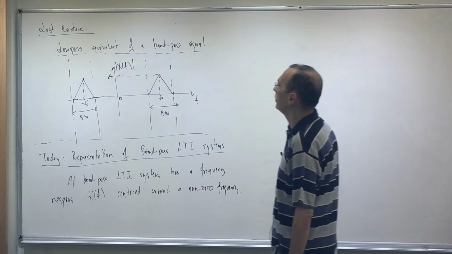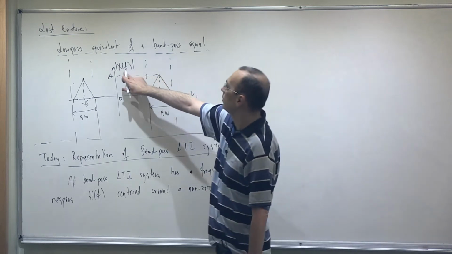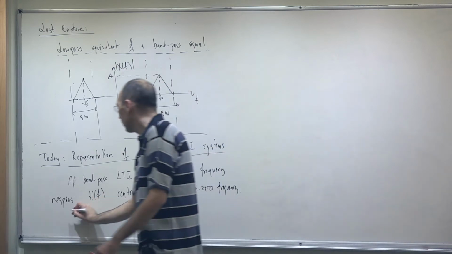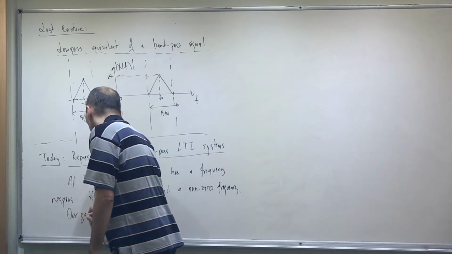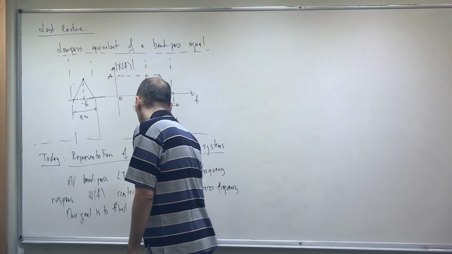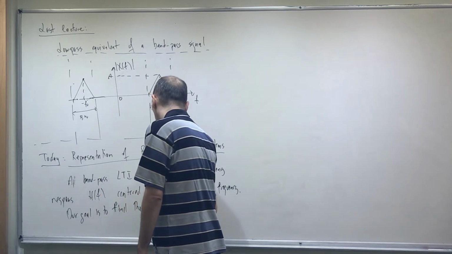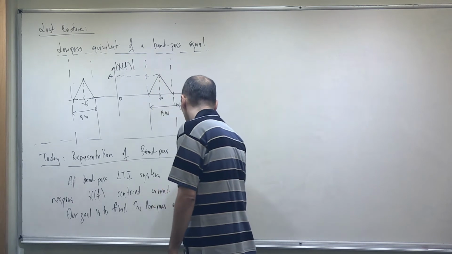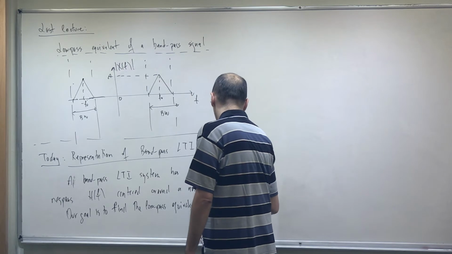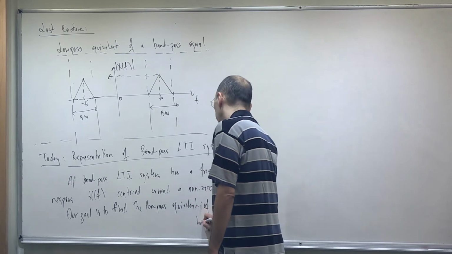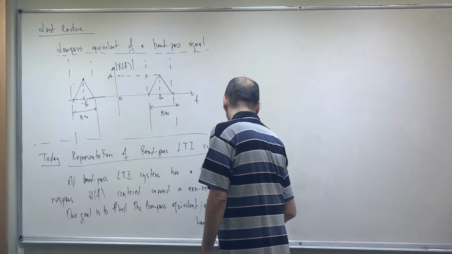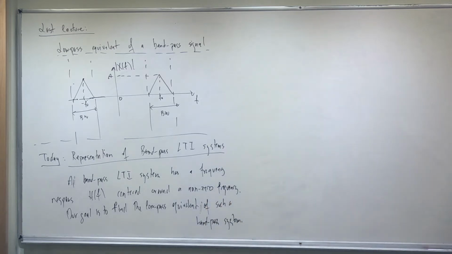Exactly as in this case, but it's not X of f this time, it's not the input. This is the system, as you see. Our goal is to find the low-pass equivalent of such a bandpass system. Okay. So how can we do this?